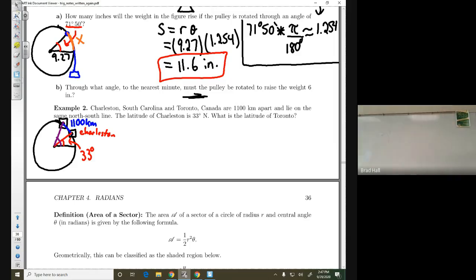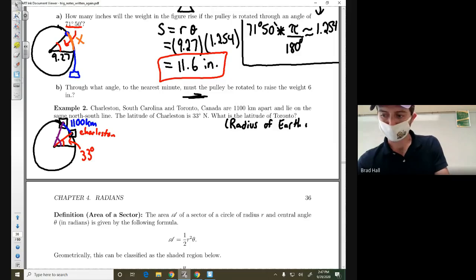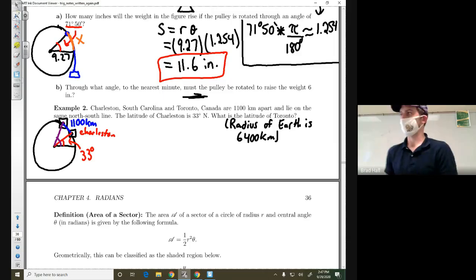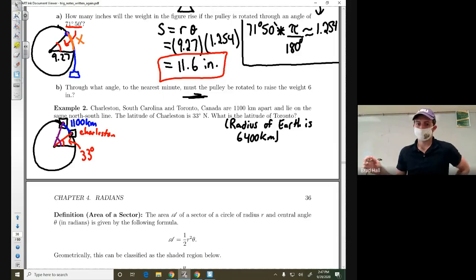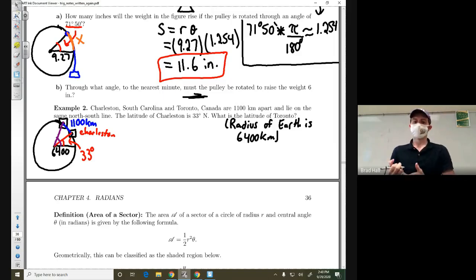Radius of Earth is 6,400 kilometers. That should be part of the problem. So that's assumed. You're just given that as well. So they're giving you the radius, in other words. So we have quite a bit of information here.